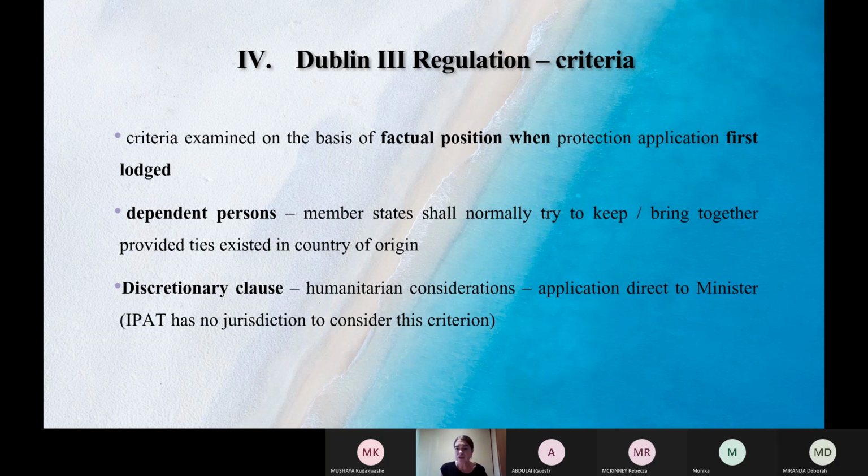The difficulty was that while the International Protection Appeals Tribunal had jurisdiction to consider all of the other criteria, it wasn't clear whether the IPAT had the jurisdiction to examine this discretionary clause, or whether it was a sovereignty clause and only a minister of the government could decide to apply it. That went all the way to the Supreme Court and the Court of Justice of the EU, and ultimately it was found that the IPAT does not have jurisdiction.